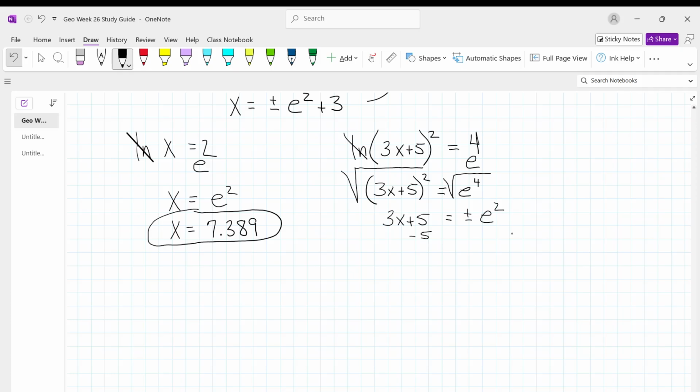So subtract 5 from each side. So 3x is equal to positive or negative e squared minus 5. And then divide both sides by 3. So you're going to have two solutions again. So x is equal to e squared minus 5 divided by 3 in the calculator, 0.796.